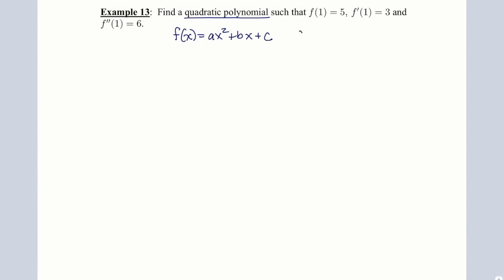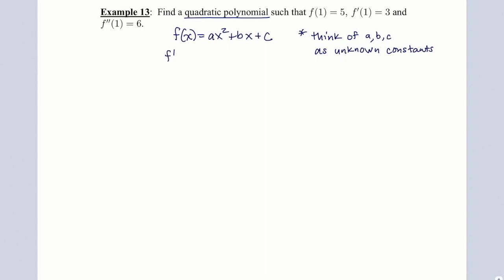So think of A and B and C as unknown constants. When we do derivatives, we'll treat them as if they were a 7 or a 2 or a 3. Even though they look like variables, we'll treat them as just constants.